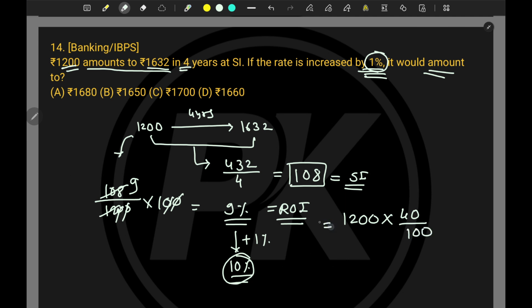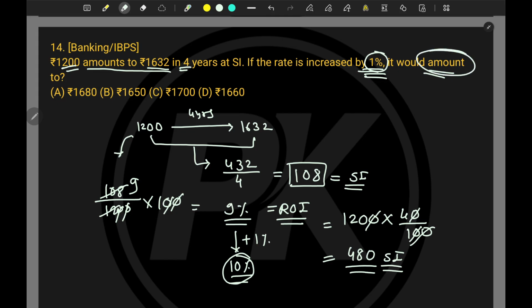Right. Now tell me what simple interest is earned with this percentage for 4 years. This zero got cancelled, this zero got cancelled. So this will become 480 rupees. So this is the simple interest earned with the new rate of interest when I increase it by 1%.